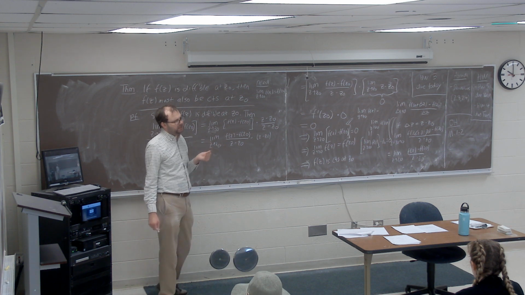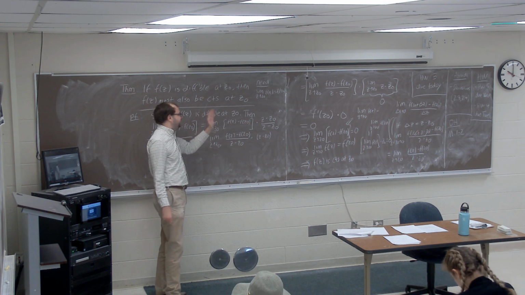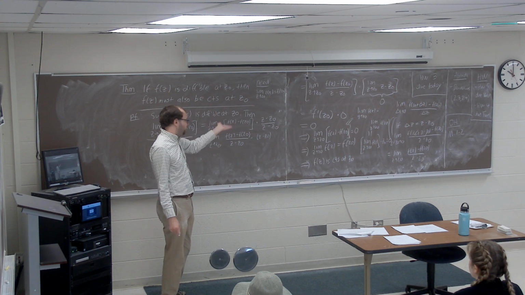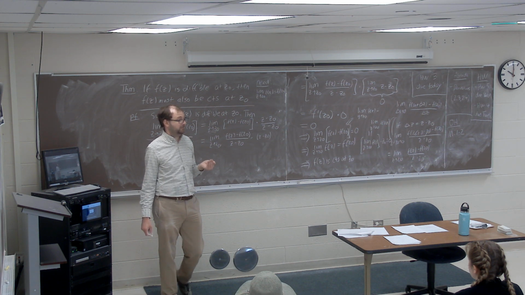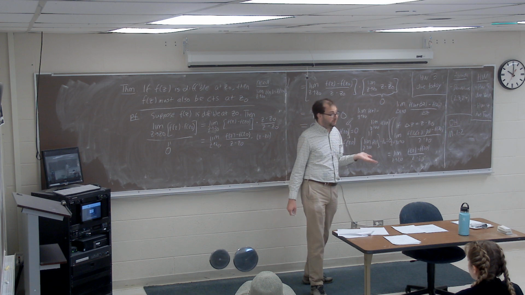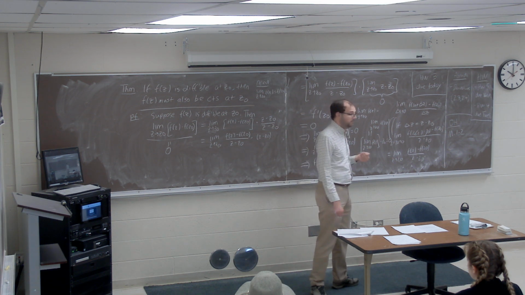It's sort of a common trick in analysis type settings to rewrite something in a slightly silly looking way, but that allows us eventually to show that the whole thing we want to be 0 is 0 using the one condition that we have, the differentiability condition. If we didn't do that, we wouldn't have been able to get to 0 in the end, or we would have had to find some other way to get to 0, I guess.